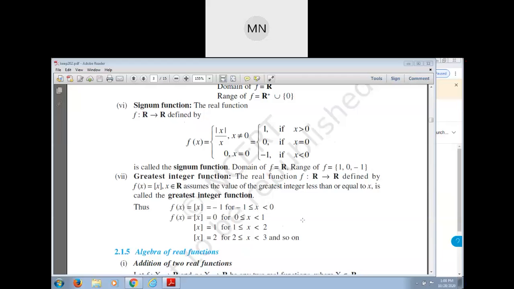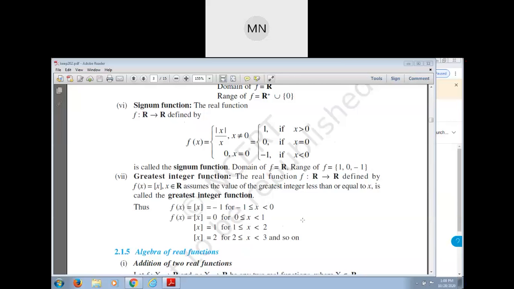So if f is the greatest integer function, its functional value will be 2 in that case. Okay, suppose we take minus 2.7, what will it be?